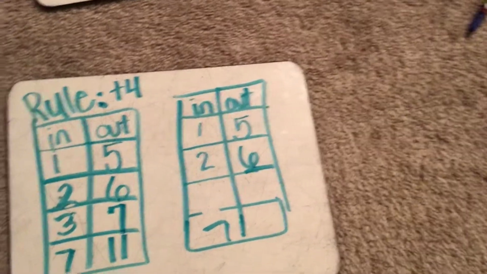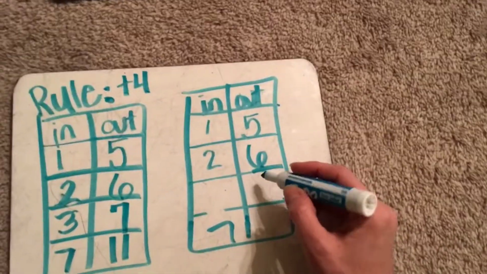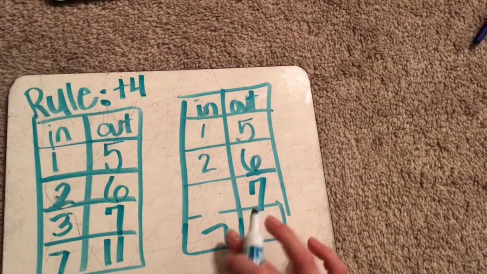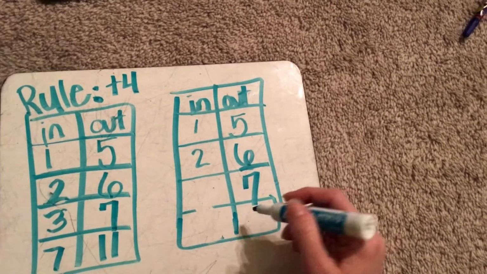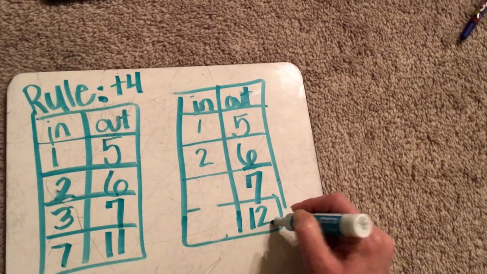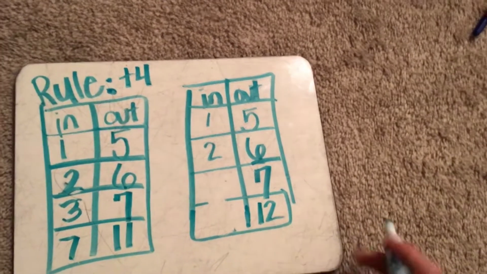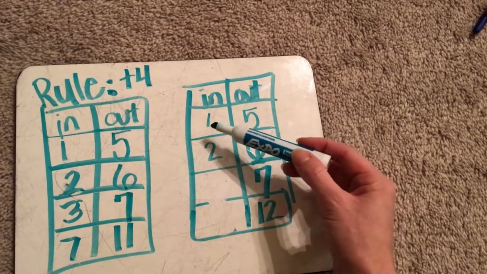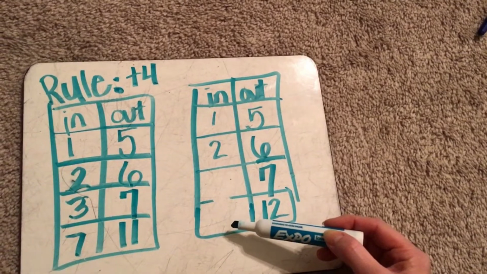I was missing that number. But over here, I had a 7. And over here, I had a 12. I already have my outs, but not all of my ins.